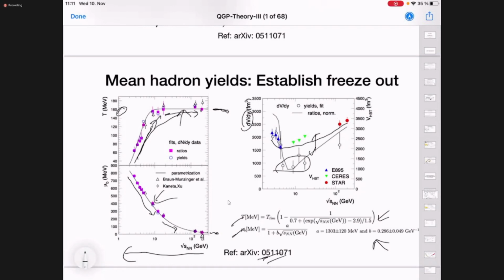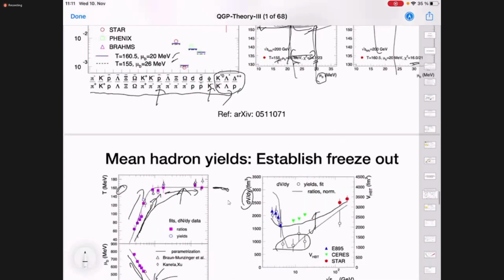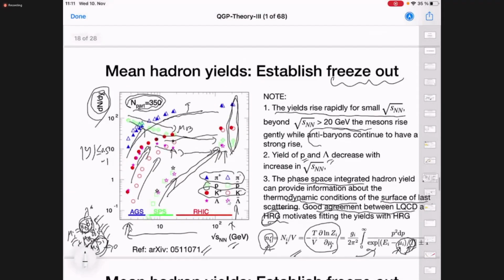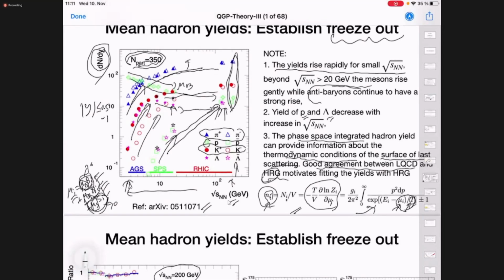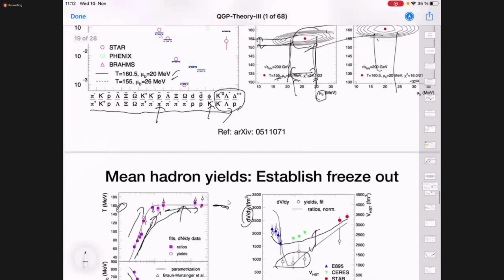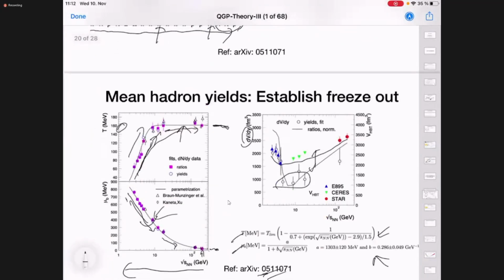So now that you get this trend, you can come back to this plot, and first of all you can understand that the proton is falling and then staying constant mainly because of the baryon chemical potential, which is falling and then staying constant.